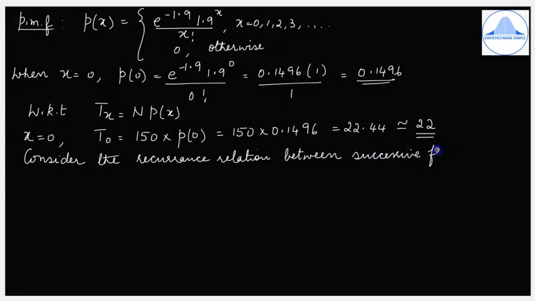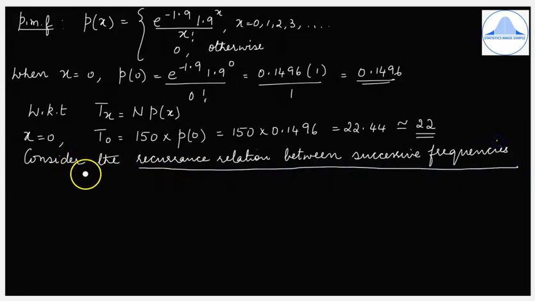If you find this difficult, in the PMF itself, you can substitute different values for x, and then each of the probabilities can be multiplied with capital N. So now I am considering the recurrence relation between successive frequencies, and that formula is given by Tx is equal to lambda by x into T x minus 1. So this formula is important.